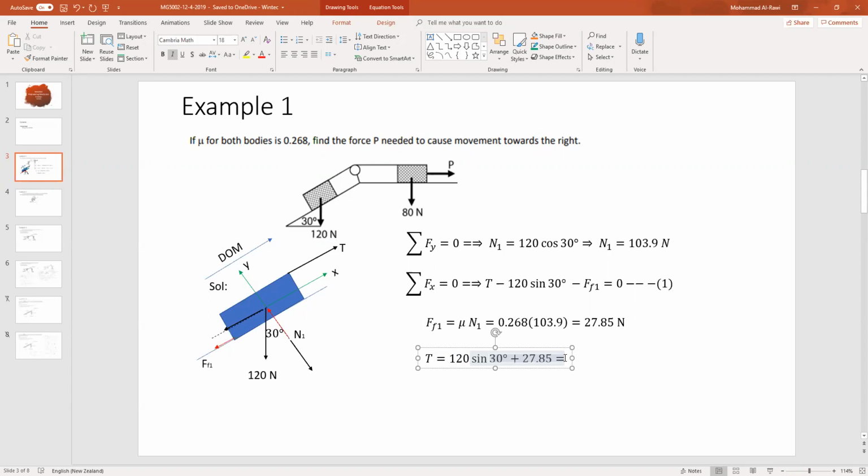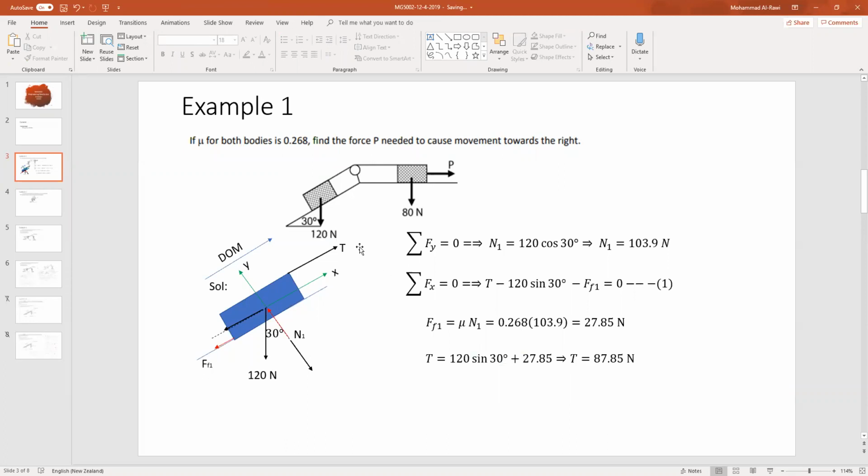Perfect. It's 87.85 newtons. Again, I just need to adjust my units. So T equals that, which is the answer we're trying to find for the first part.